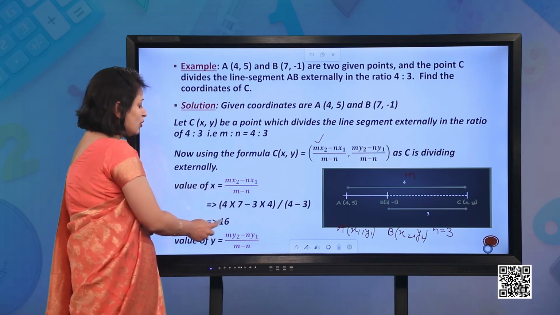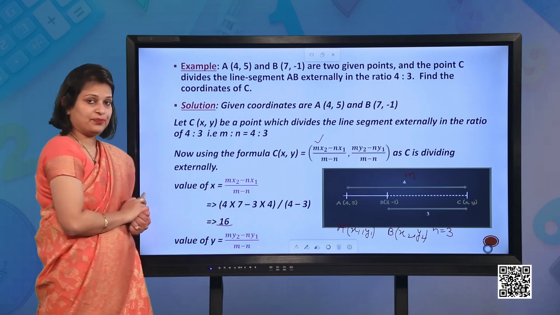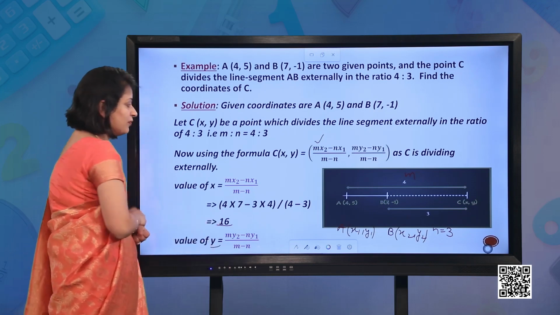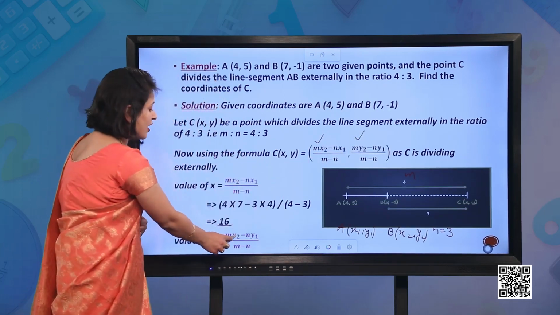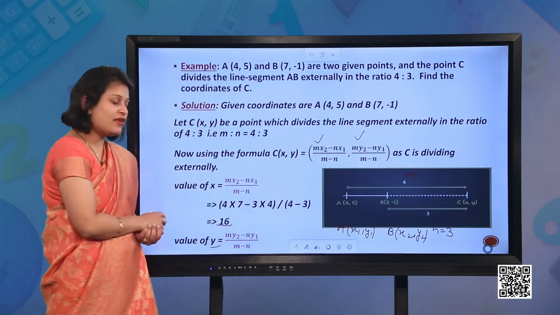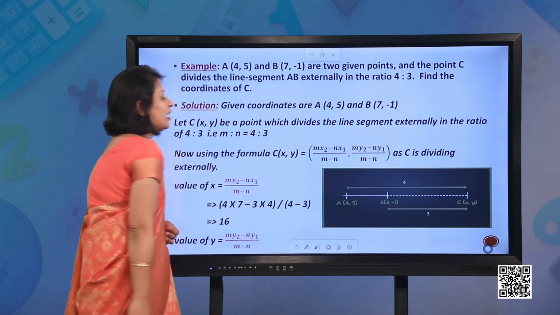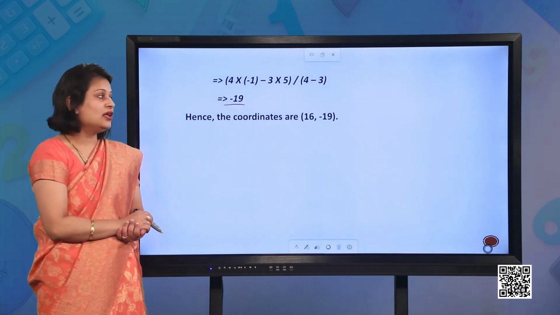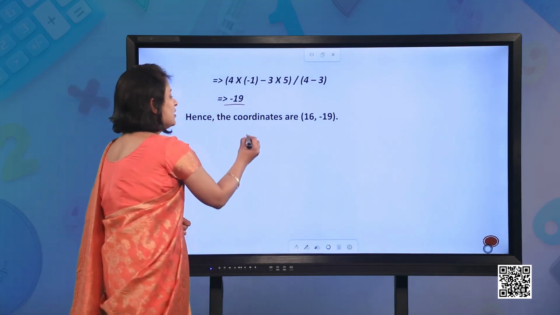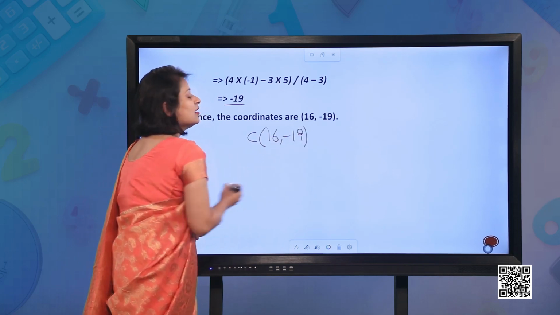Substitute the values, you will get the value of x as 16. For y, what you have to do? You have to consider this: m y2 minus n y1 upon m minus n. Simply substitute the values and you will get the value of y as -19. So the coordinate C will be (16, -19).